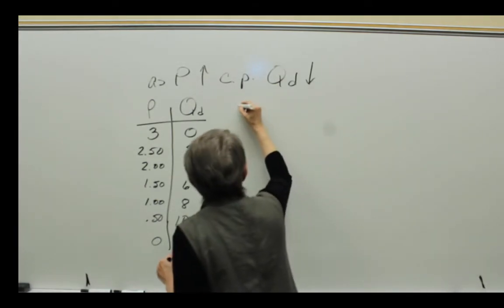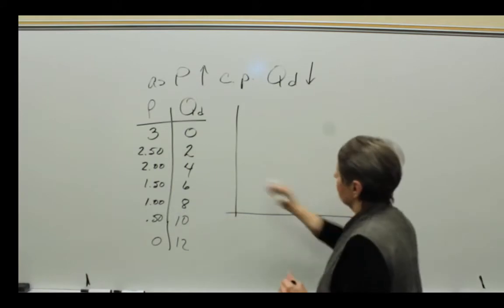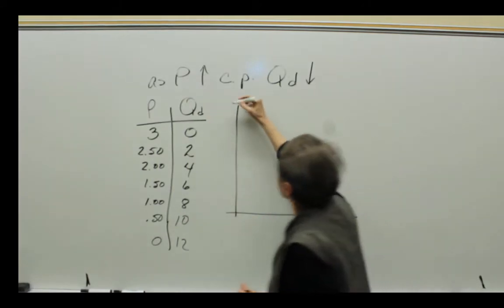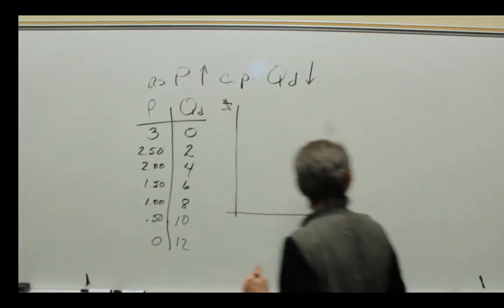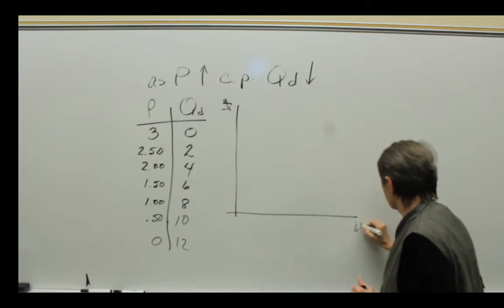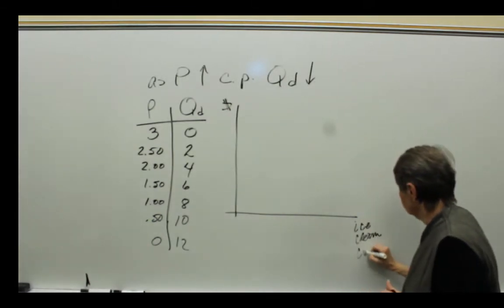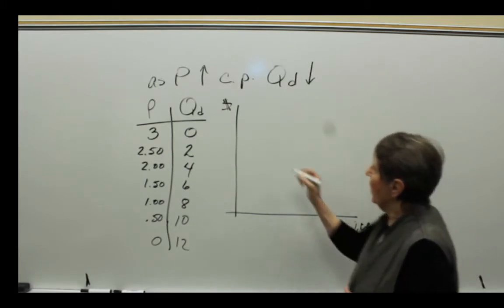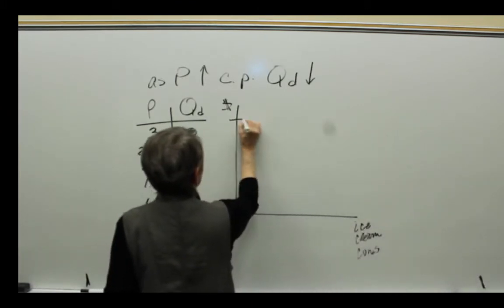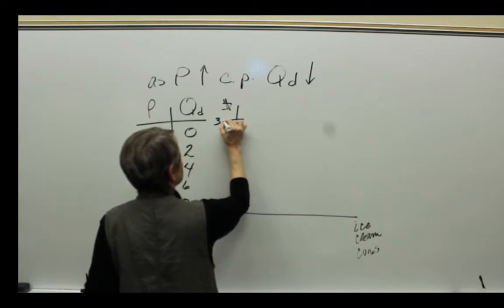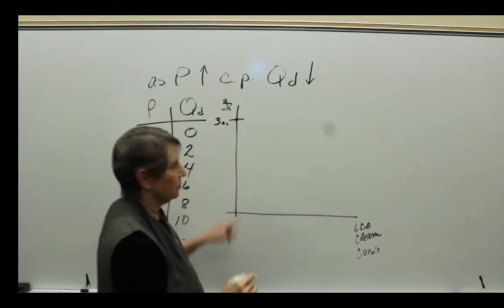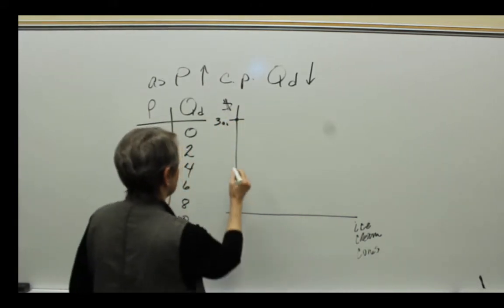And so we'll put price on this axis, and we'll put ice cream cones on here. And if the price is $3, we're going to sell none, 0.